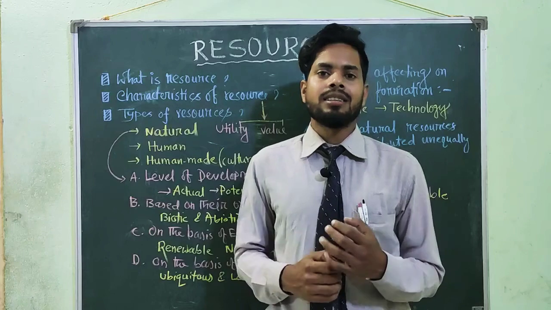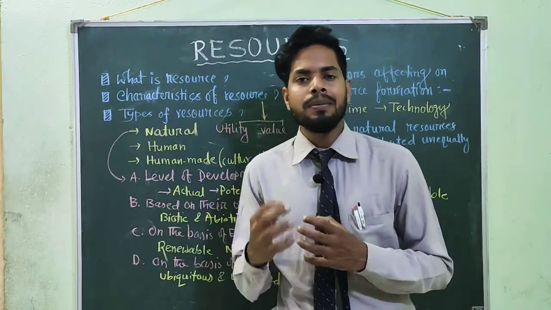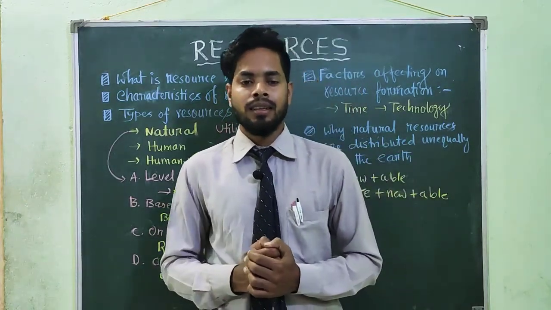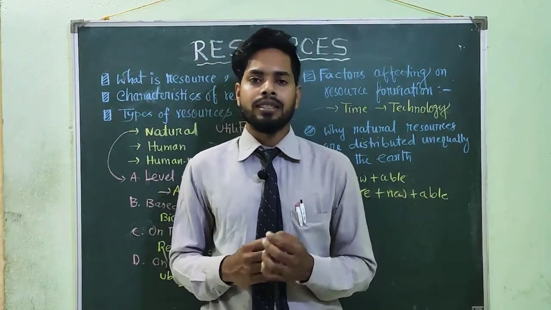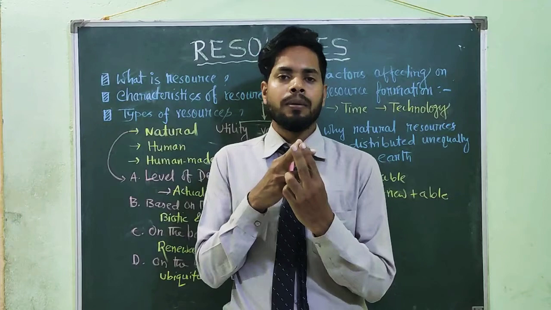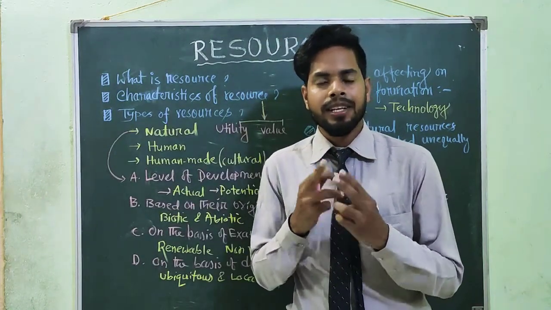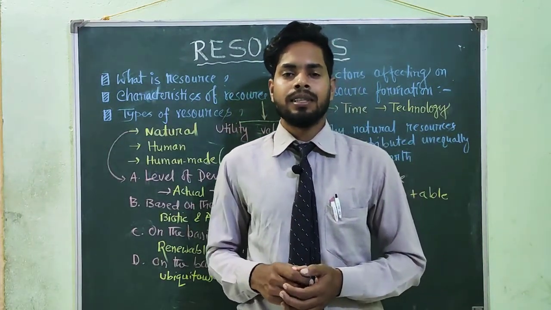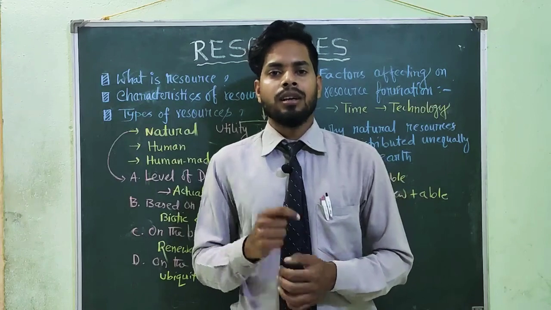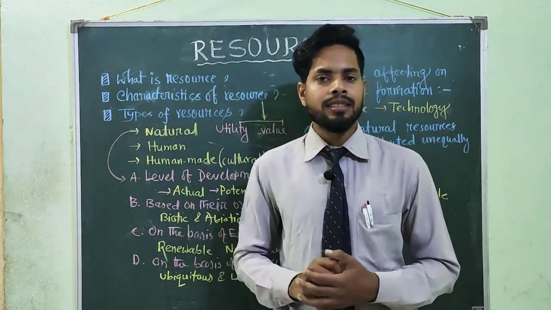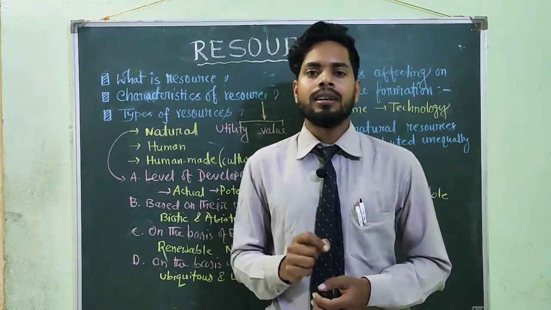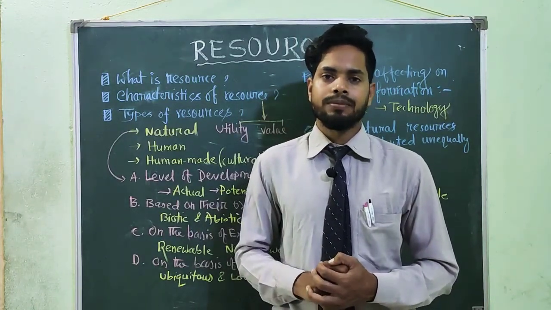So let's discuss the classification of resources. Resources are mainly classified into three broad categories. First is natural resources, second is human-made resources, and third and last is human resources.